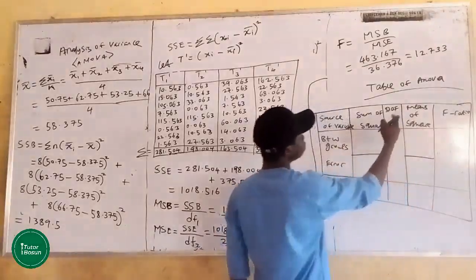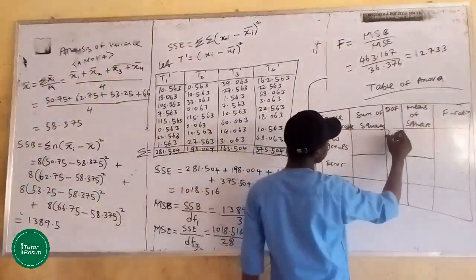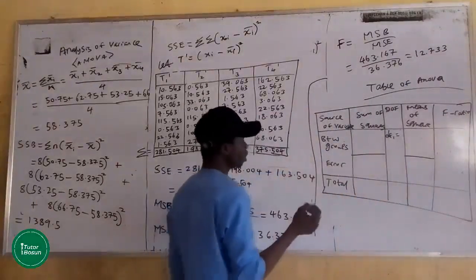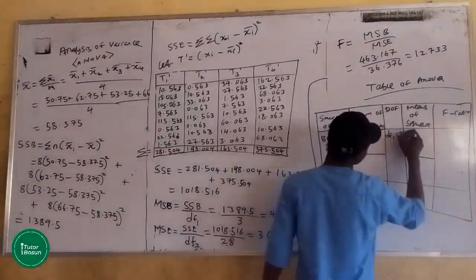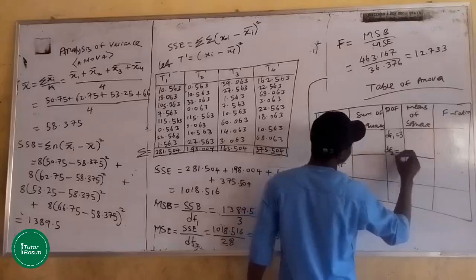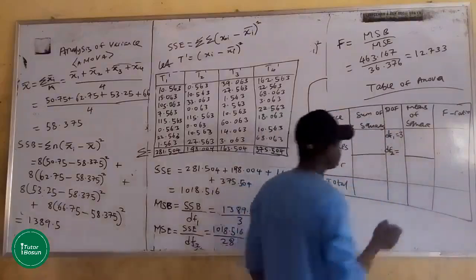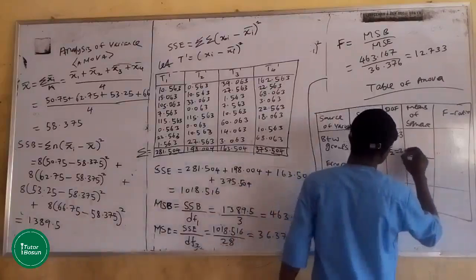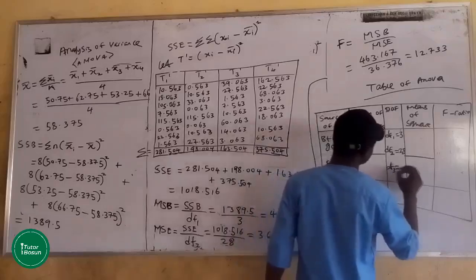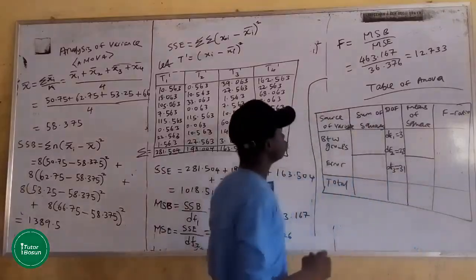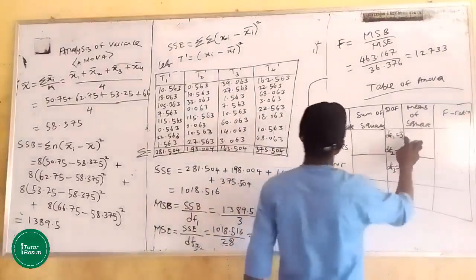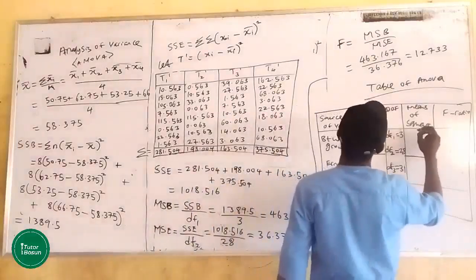So the first degree of freedom, DF1, is 3. Our DF2, we got 28. Our DF3, we got what? 31.